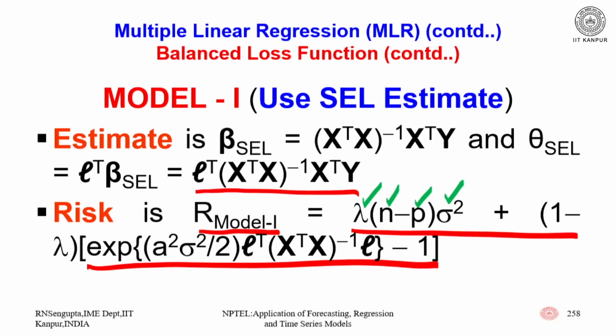Then 1 minus lambda is known, and A or A square is the parameter utilized in the LINEX. So, the LINEX loss had two parameters, A and B. One was scale, one was shape. A is the shape parameter. Sigma square is known. L is the vector, whether row or column will depend on how you quantify it, and that only consists of 1 for the simplest case.